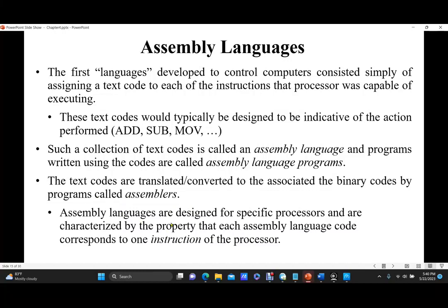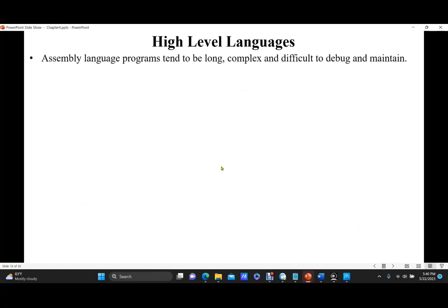Assembly languages, of course, are designed for specific processors. They're characterized by the property that each assembly language code corresponds to a single instruction of the processor. Assembly language programs tend to be long, complex, and difficult to debug and maintain.